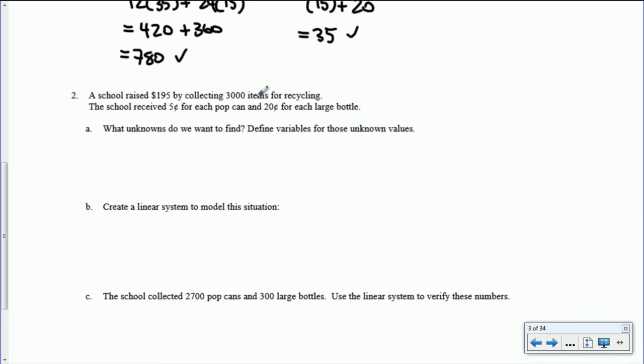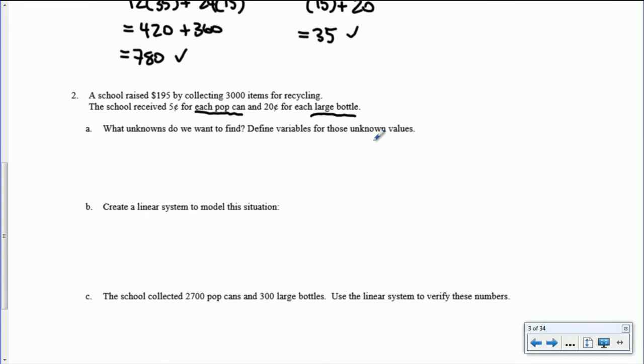So there's a few things going on here. We see pop cans and we see large bottles. We see total number of items here, amount of money made. We're kind of looking at the pop can and the large bottle.